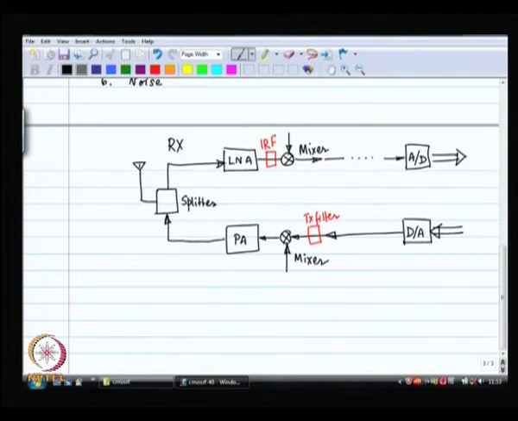If you are working on time division multiple access systems, like for example, GSM, or for example, WiMAX. WiMAX is a mix up of a lot of different things. So, for example, in WiMAX and in GSM, the splitter is not really that important, because the transmit chain and the receive chain are not on at the same time.